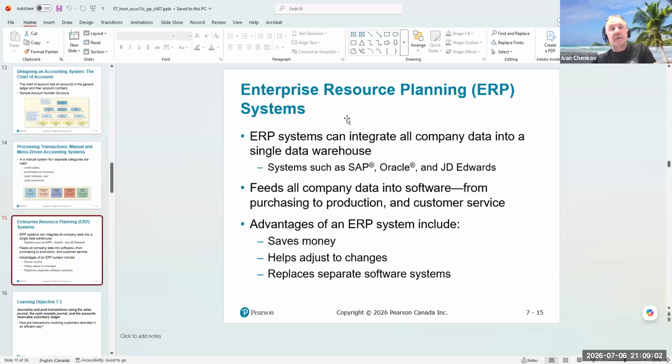You can run checks and run reports for different purposes. The advantage of this system is that since all the information is in one place, you only need one system. You don't have to purchase 5 or 6 systems and have duplication of the information.